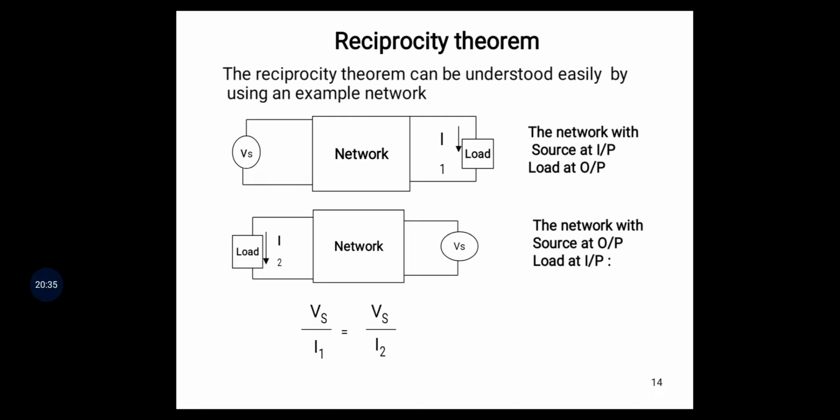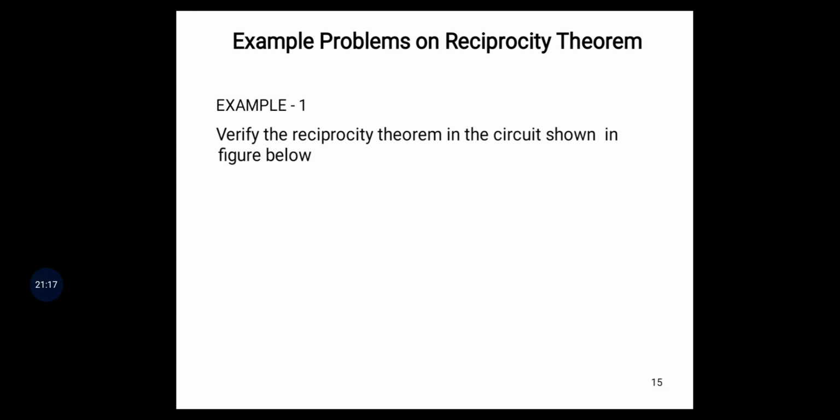In the first case the excitation is Vs, in the second case the excitation is Vs. The response in the first case is I1, the response in the second case is I2. So here excitation by response is constant. Vs by I1 equals Vs by I2.